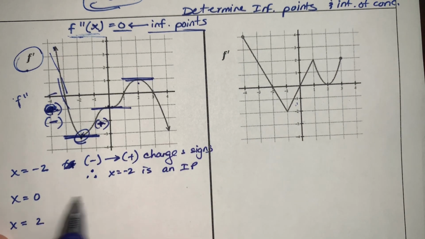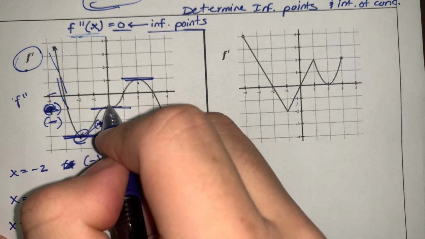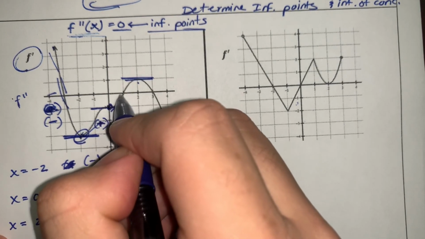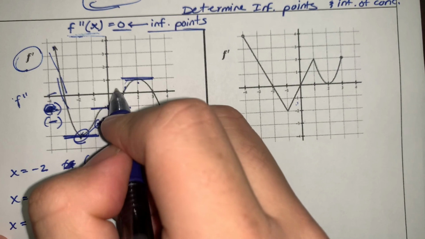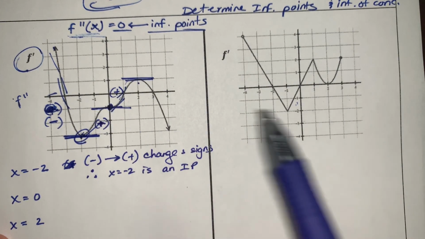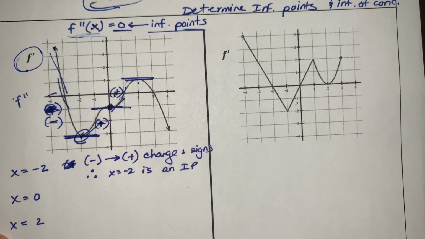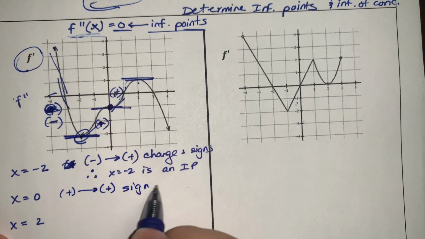At x equals 0, what you'll notice is that these slopes are all positive, and after this point right here, the slopes continue to be positive. So right here, we know it's concave up. Essentially, this is not going to be an inflection point because if it went from concave up to concave up, that defeats the definition of what an inflection point is. If it went from positive to positive, the signs are the same.